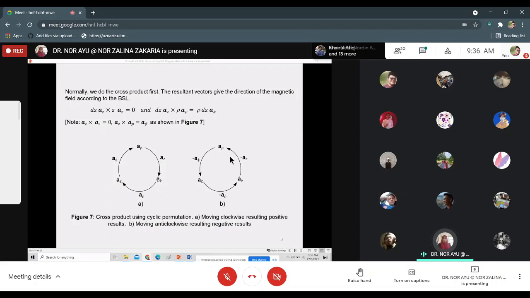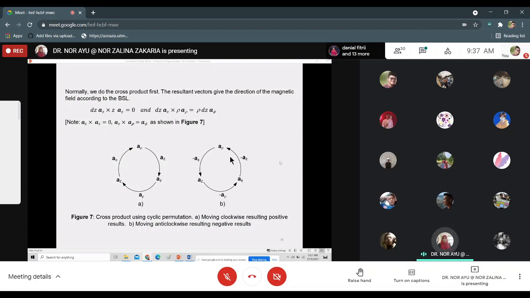Kalau a phi cross dengan arrow, negative az. Kalau az cross a phi, negative arrow. Kalau arrow cross dengan az, negative a phi. Okay?